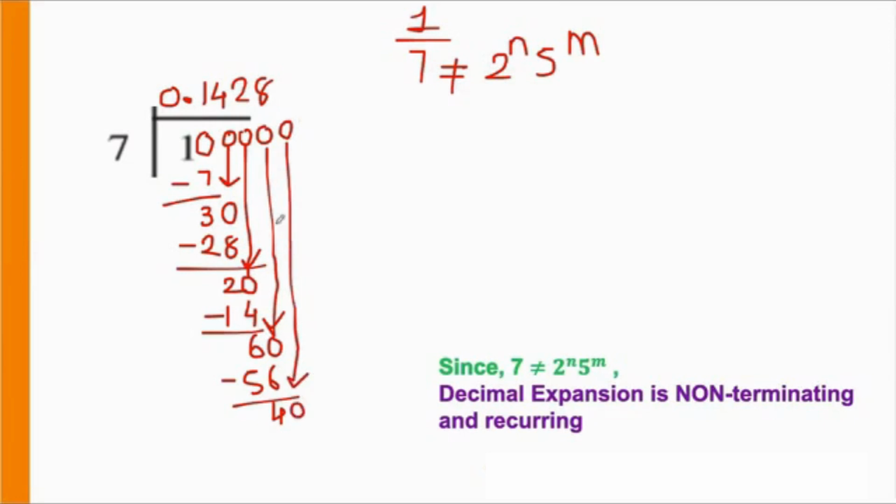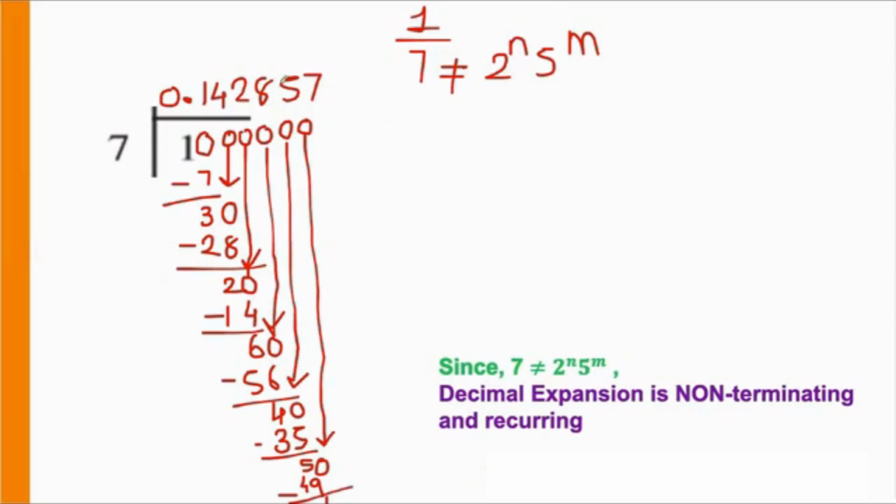So we have 40 here. 7 fives are 35. 40 minus 35 gives you 5. We will put another 0 and bring it down. So we have 50. 7 sevens are 49. And then we have 1.